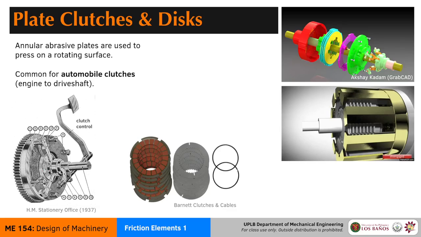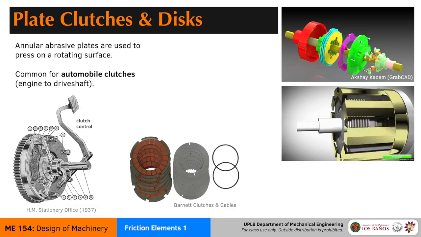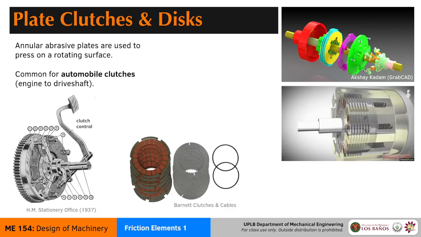You'll force the hub forward, and there are springs here that cause the clutch pads to lift away from the mating surface, and that disengages the clutch. By default, if you lift the clutch, this hub will be forced to move backward so that the clutch engages again. It's kind of hard to show here, but it was easier to see in the animation in the previous slide.